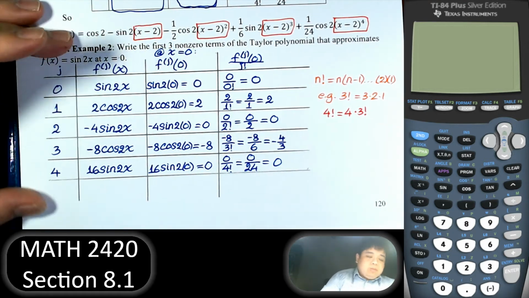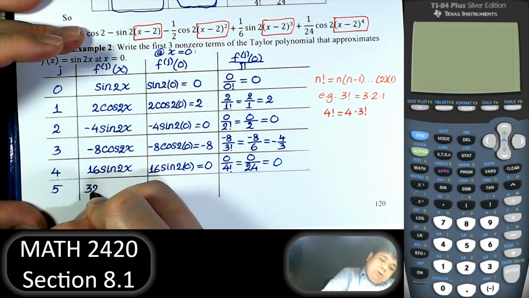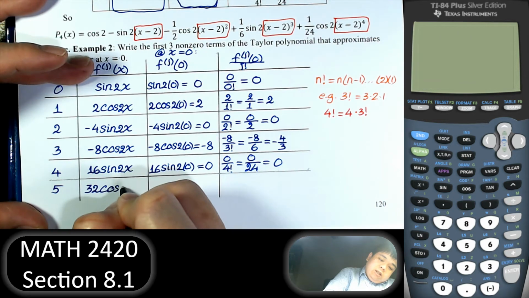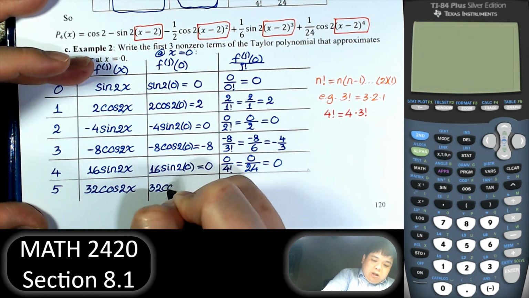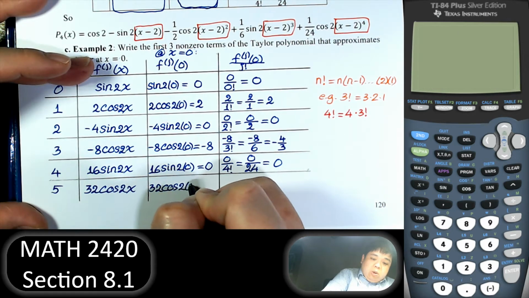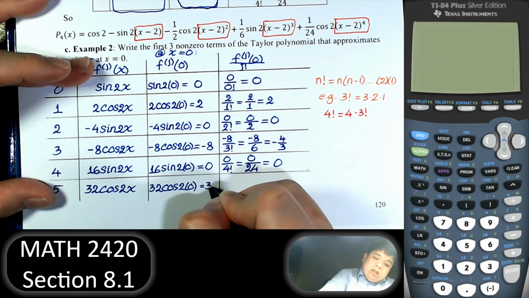That's 0. Now j equals 5. The derivative of this is 32 cosine of 2x. 32 cosine of 2 times 0. Cosine of 0 is 1, and 1 times 32 is 32.